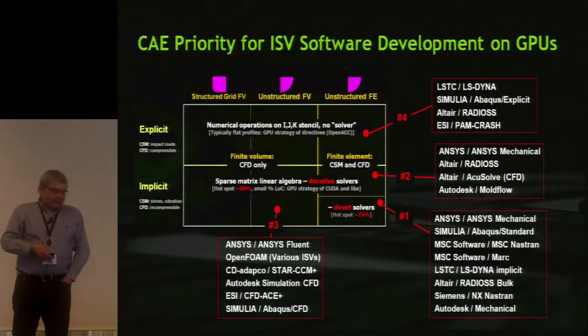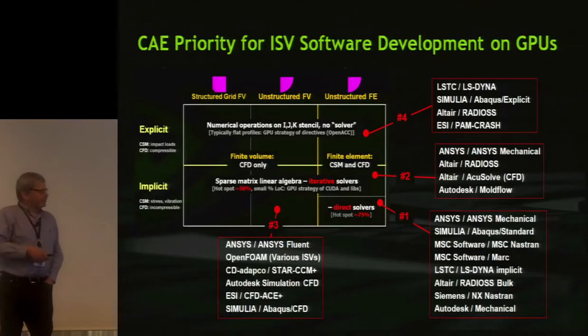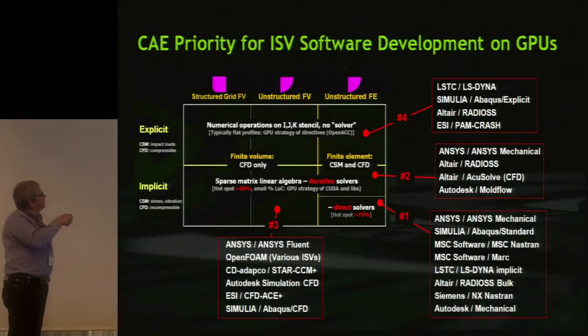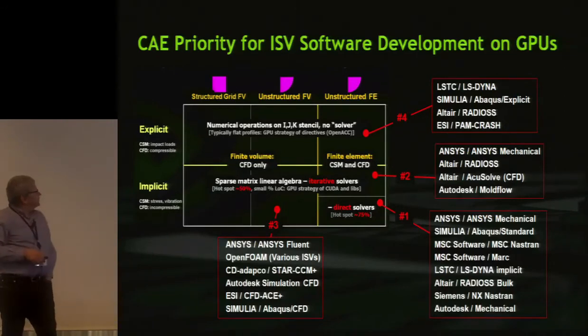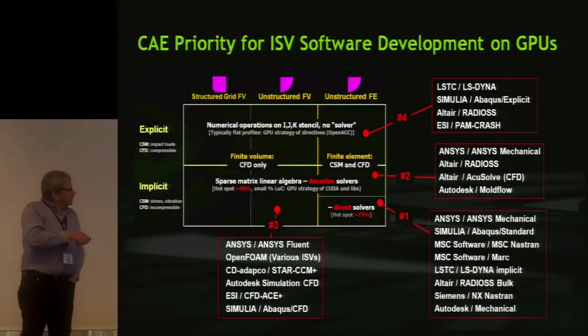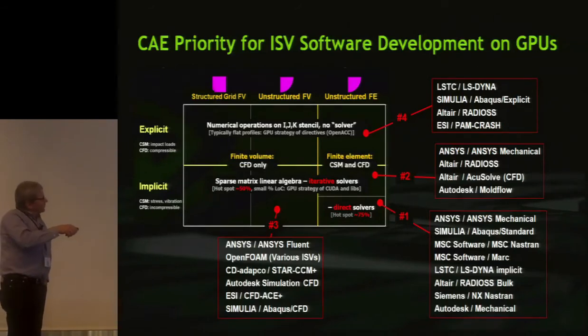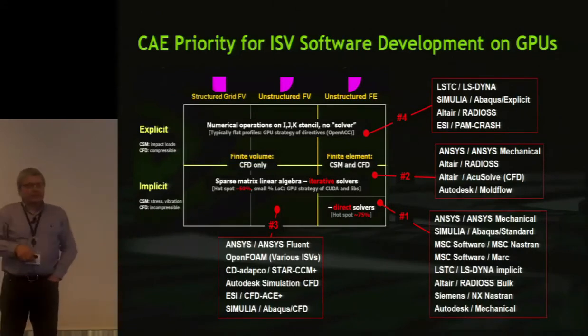If you categorize the software, on one side you have structured and unstructured grids, and you have explicit and implicit solvers. And so we prioritized the efforts a little bit. Of course, when we are looking at implicit and unstructured codes, we very often have direct solvers.